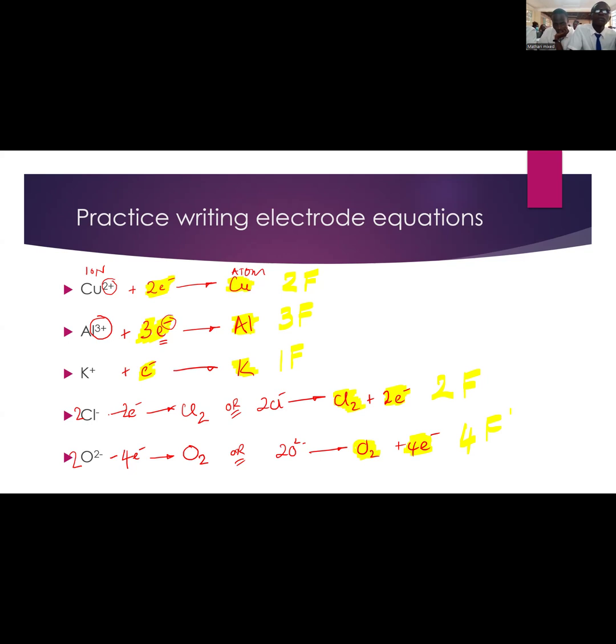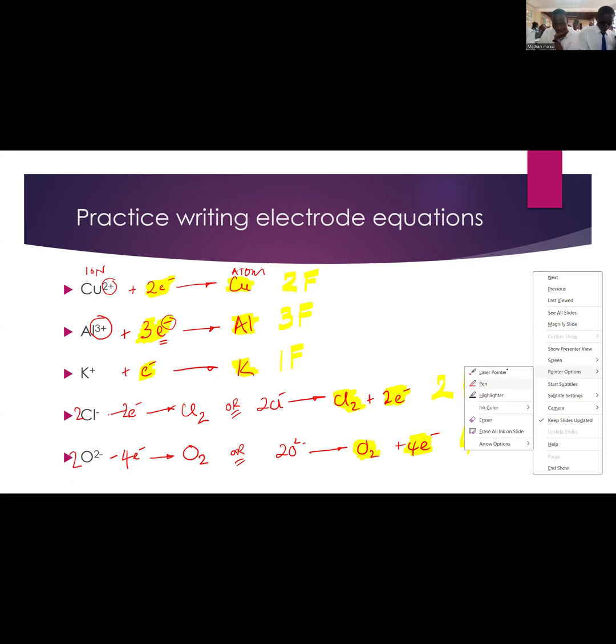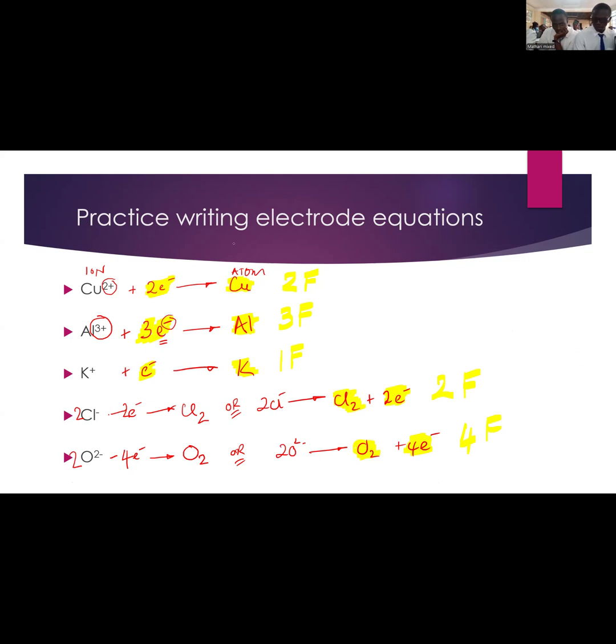Now, I don't know if you can see that on my right-hand side. I'll just change the color so you can see it better. So that is saying in the top, we need 2 Faradays for 1 mole of Cu. We need 3 Faradays for 1 mole of Al.